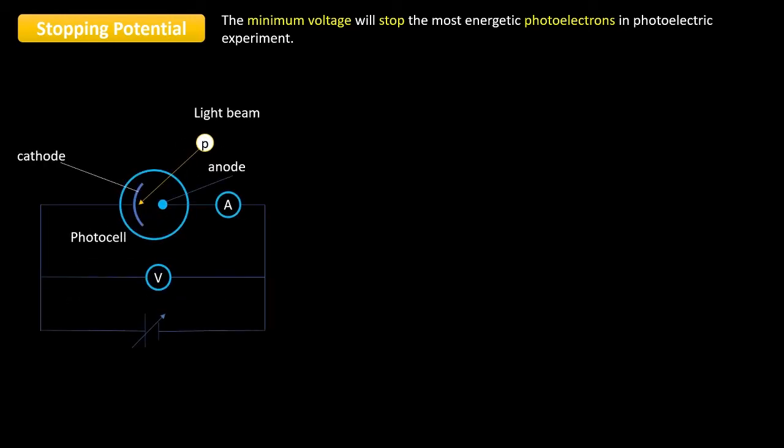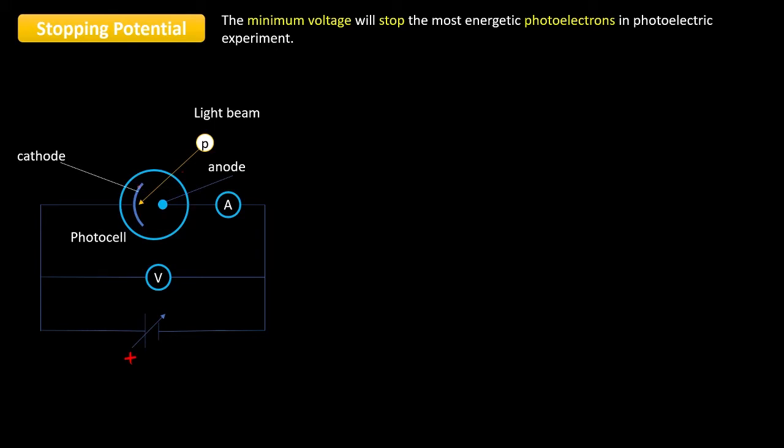We can connect the photocell to a reverse voltage, which means that the cathode of the photocell is connected to the positive terminal of the supply voltage.